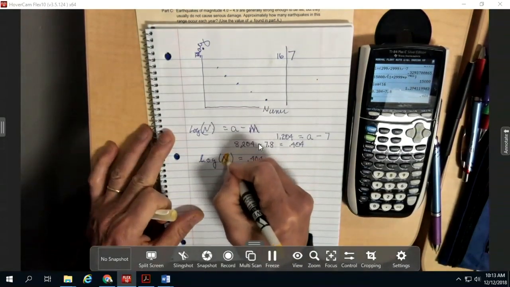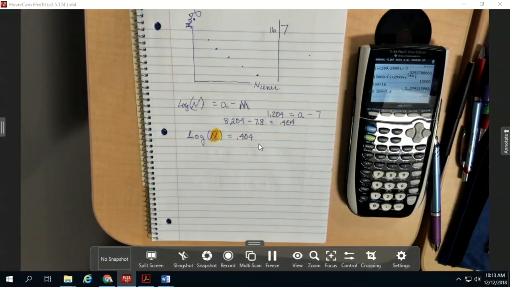Everybody agree we need to get N all alone. How are we going to do it? Well, do we have any additions and subtractions to take care of? No. Do we have any multiplications and divisions to take care of? No. The only thing left is logs and exponents.